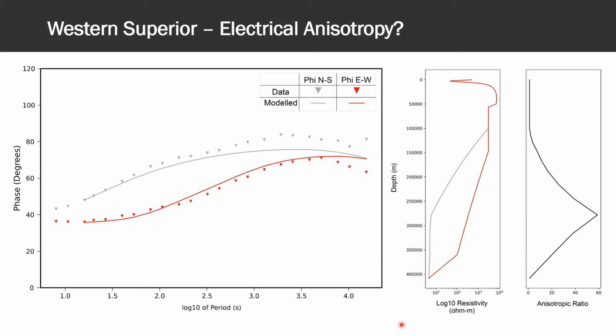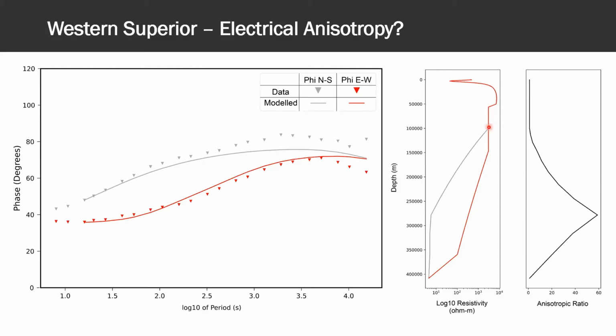The plot on the right shows a depth profile through the 3D model beneath this station that I generated for the forward modeling studies that got the closest to matching the data. And that model goes like this. We have a crust that is the exact same as that generated in the inversion, and that goes all the way down to about 55 kilometers, where we then have an isotropic upper mantle block of about 3,000 ohm-meters.